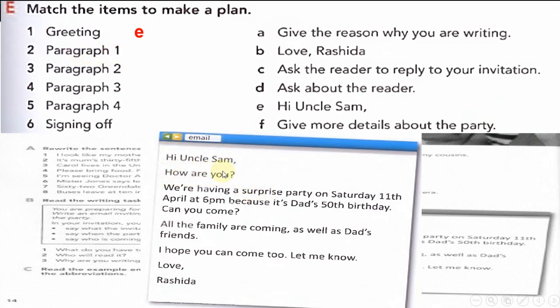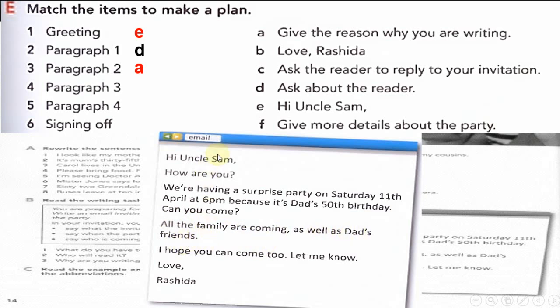Fine. What did she write in paragraph 1? It means she asked about the reader. How are you? Okay. Paragraph 2. In this paragraph, as you can see, it's the reason why you are writing. In paragraph 3, all the family are coming as well as dad's friends.